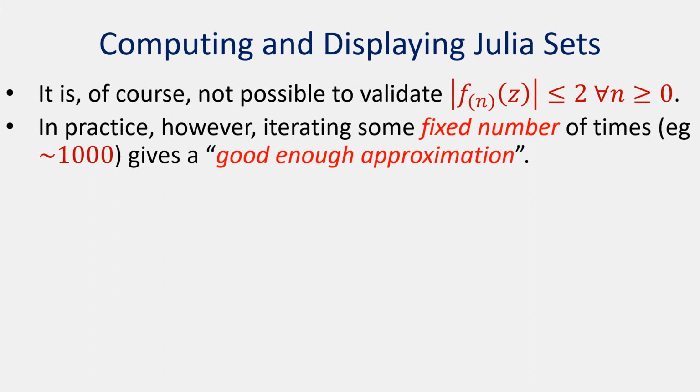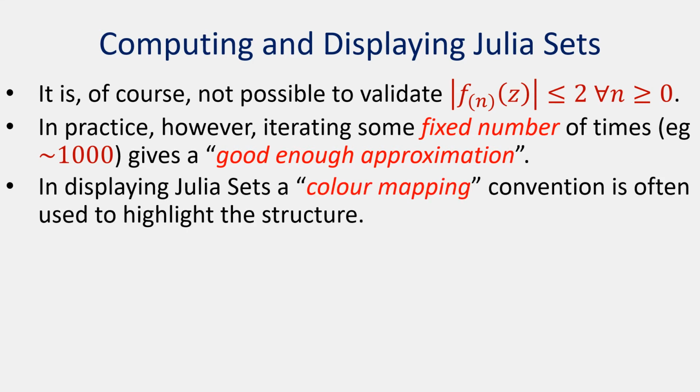In practice, however, it turns out that if we iterate a sufficient fixed number of times, for example, if we set n to be 1,000 or 10,000, that gives us a good enough approximation to the outcome.